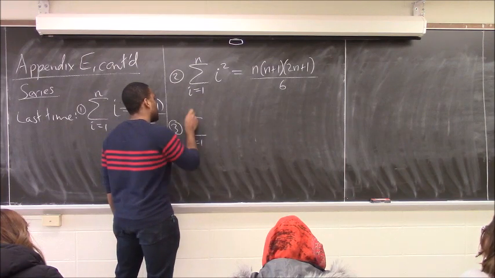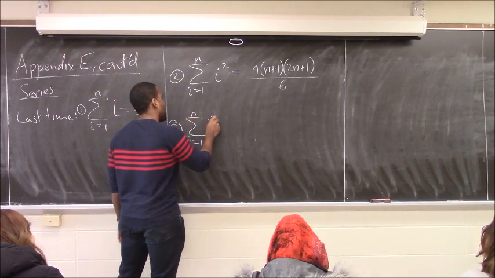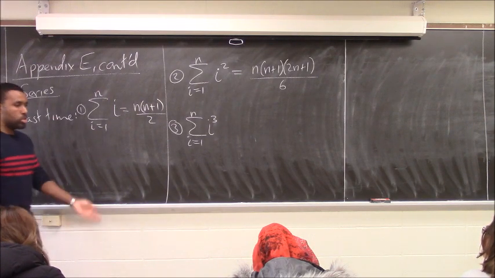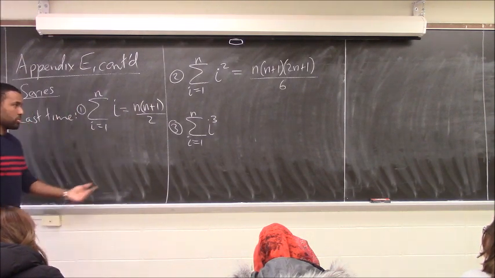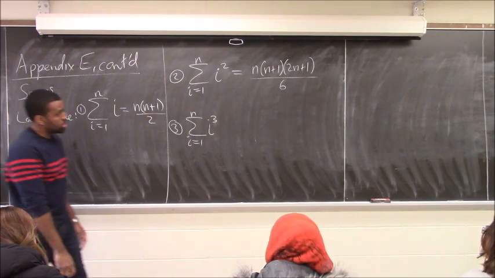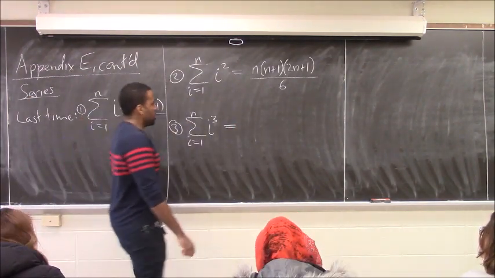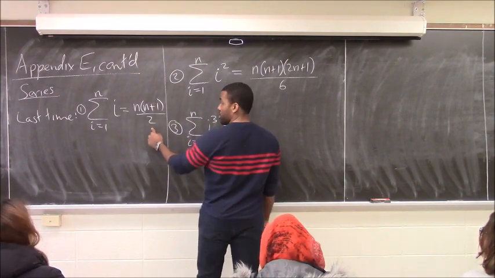We'll also want to know how to add up the first n cubes. So if we're taking a sum 1 cubed plus 2 cubed plus 3 cubed plus 4 cubed plus 5 cubed all the way up to n cubed, it turns out that will be given by, curiously enough, the square of this expression.